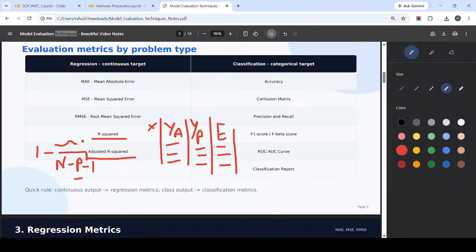There is some manipulation in the formula, that's why we call it adjusted R squared. At the core, it measures the proportion of variance explained by only those independent variables that really help in explaining the dependent variable. So that is adjusted R squared.